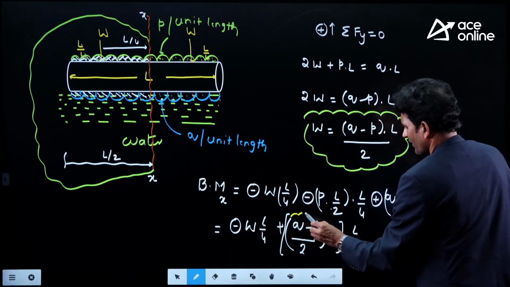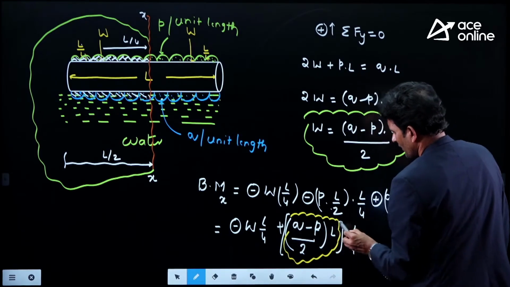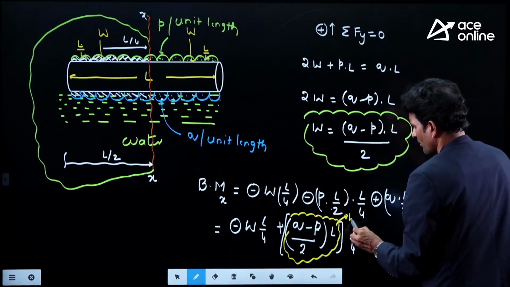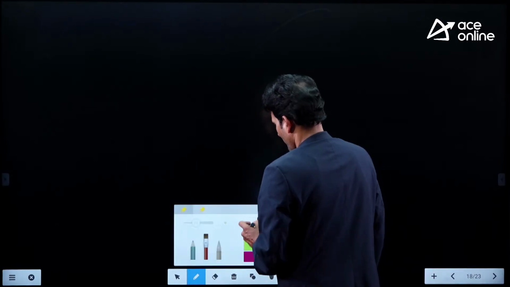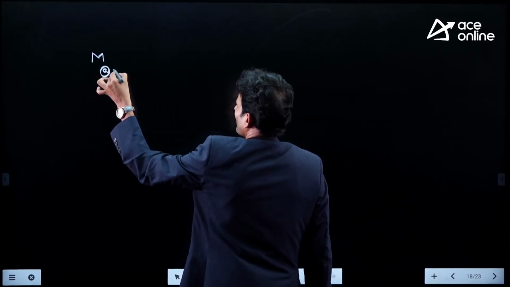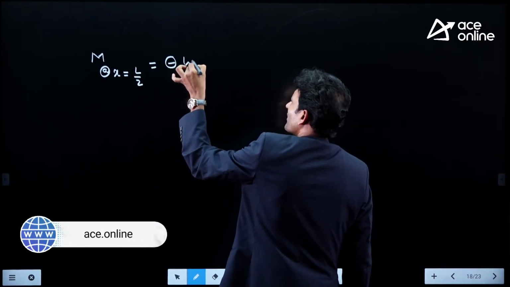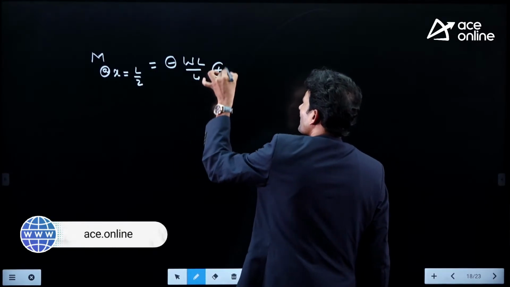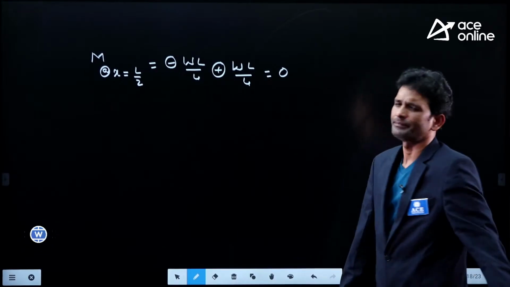When I observe this term, it should be equal to W. So the bending moment at the midpoint, x equal to L by 2, equals minus WL divided by 4 plus WL divided by 4, which should be equal to 0.